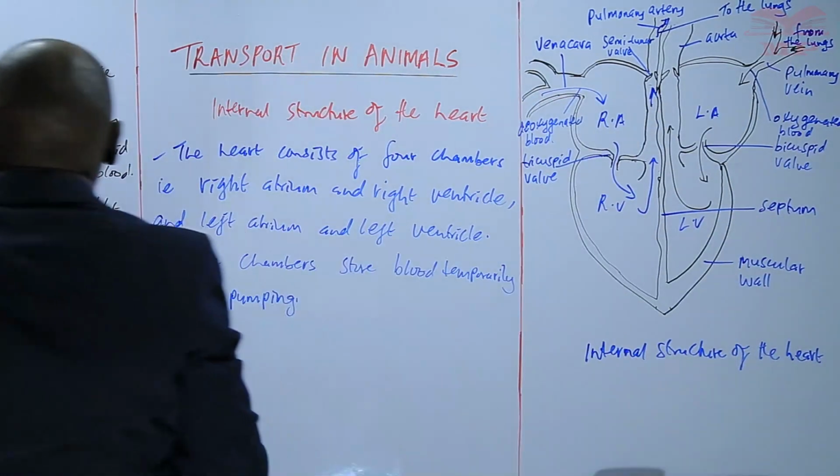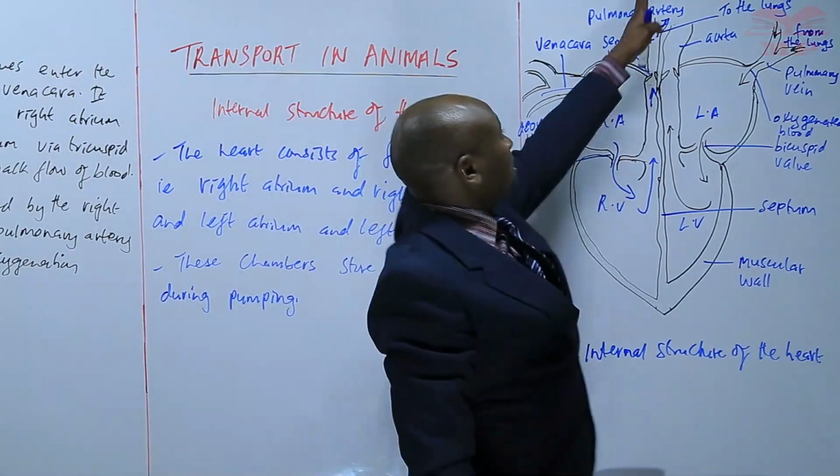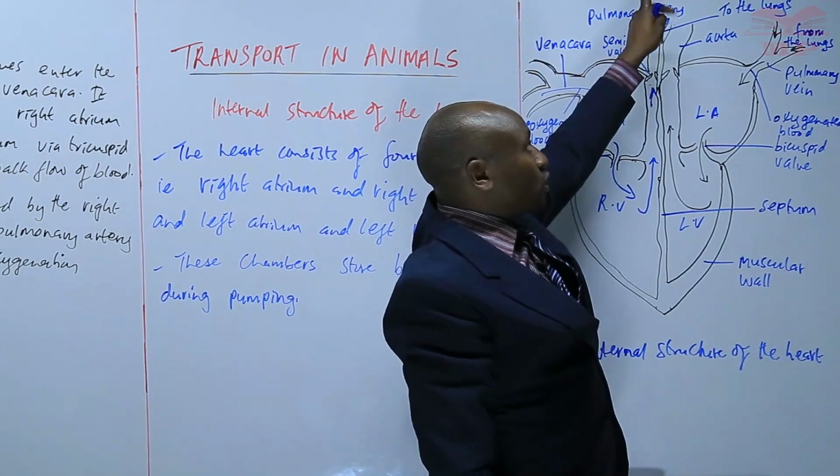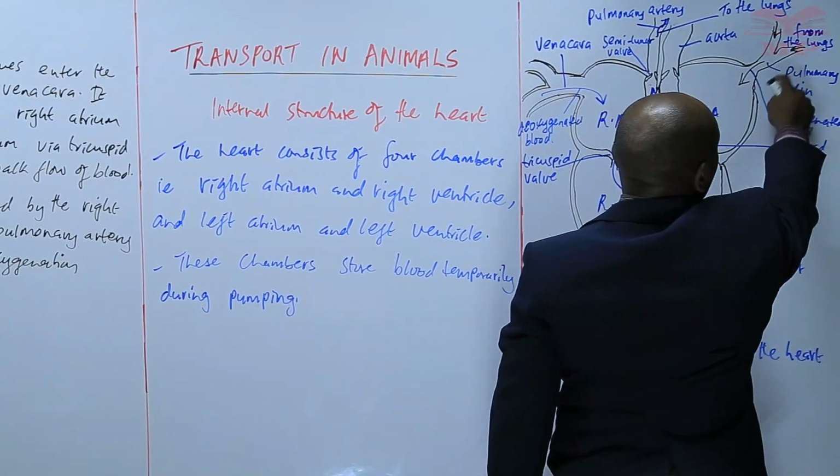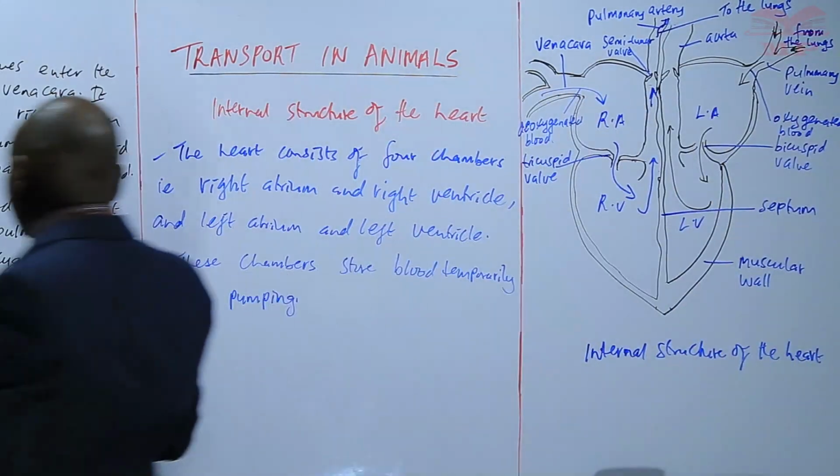So the deoxygenated blood is taken to the lungs for oxygenation. After oxygenation, it comes back to the heart through the pulmonary vein.